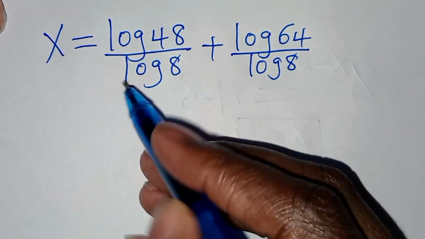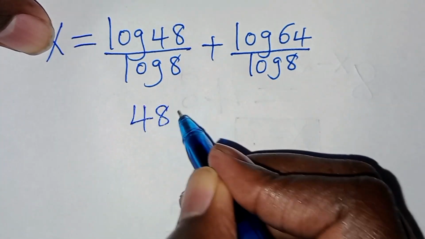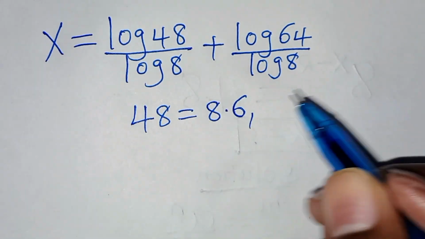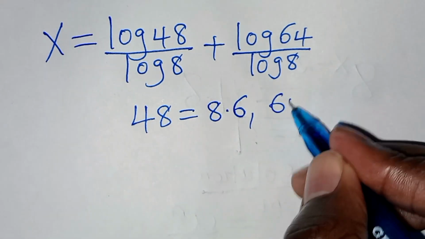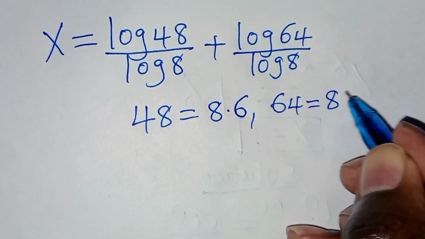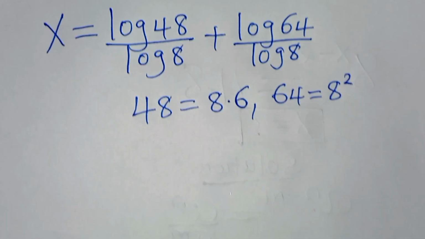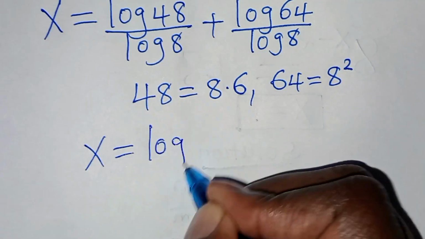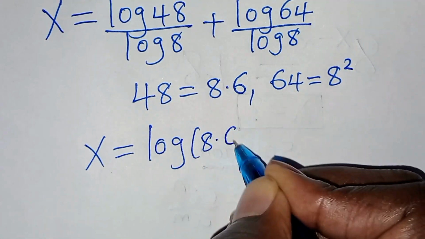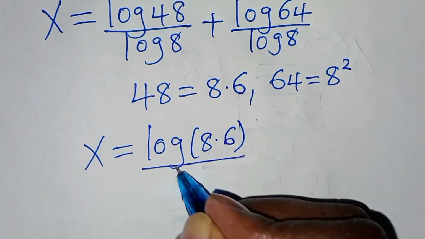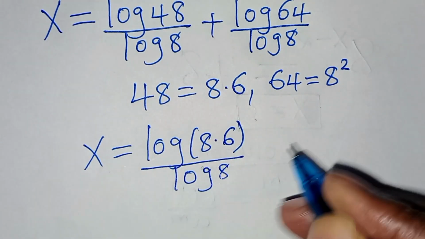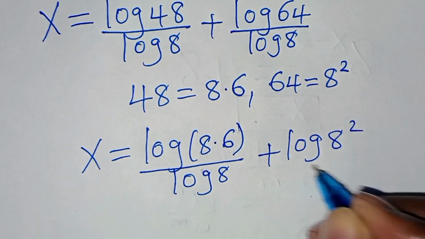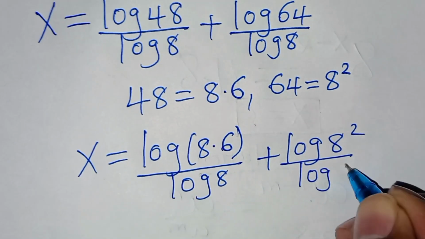From here, we can express 48 as 8 times 6, and we can express 64 as 8 raised to the power 2. So we have that x is equal to log of 8 times 6 divided by log 8, plus log 8 to the power 2 over log 8.